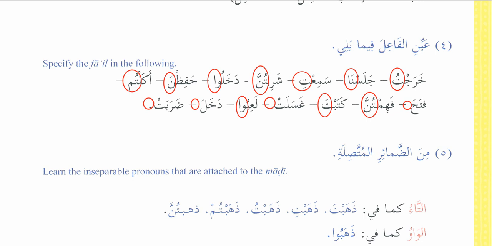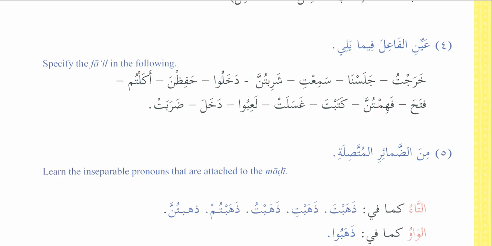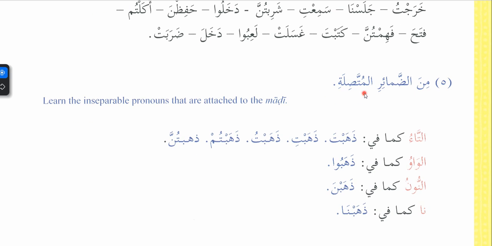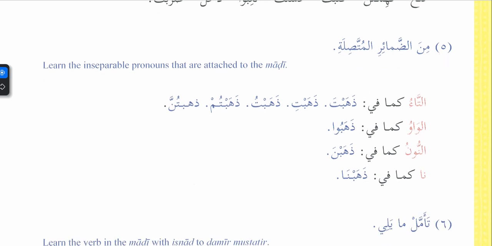Now let's do the min damair muttasil. So what is the damair muttasil? Okay, in exercise number 5, they've just given you the ta fail, the waw fail, which means the damirs, and the ta damirs, and the na damir, and the nun damir. So where do you find the ta damirs? In ta, ti, tu, tum, and tunna.